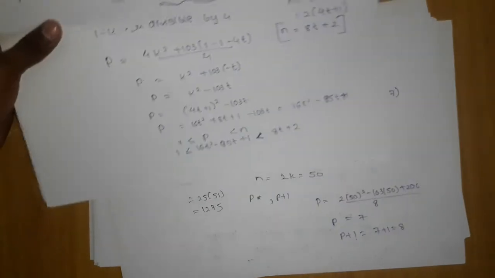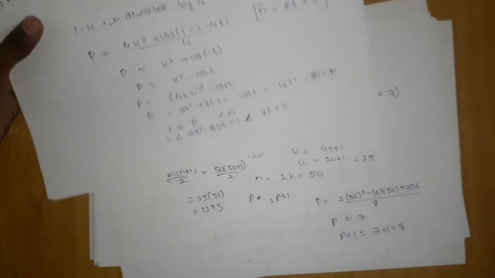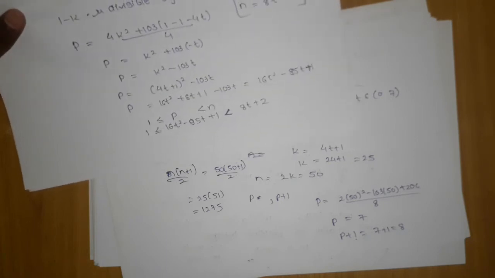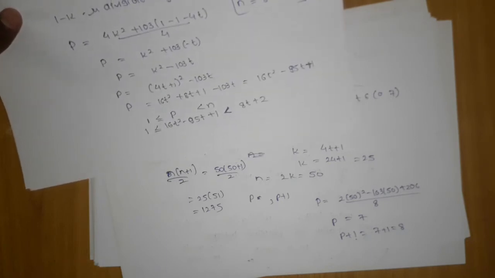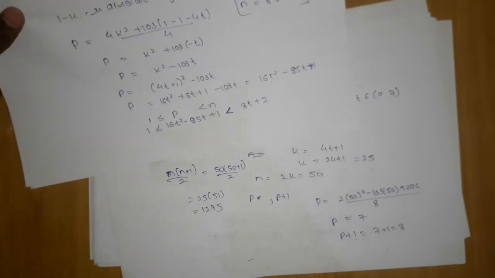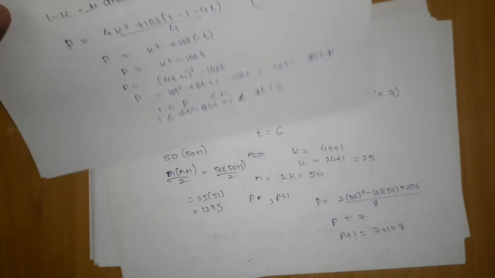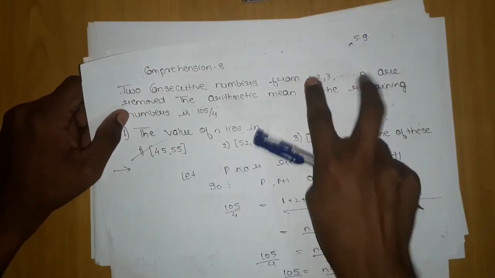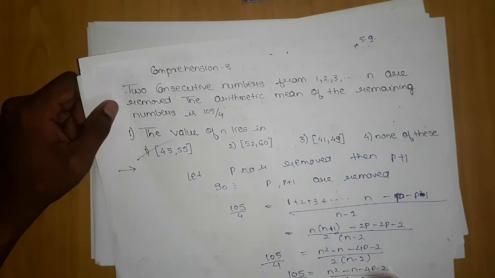Okay, now what we can think is that we didn't have the n. If we get the n, then we can get the sum. So n was the number of terms. Okay, if we know the number of terms, we can apply n into n plus 1.